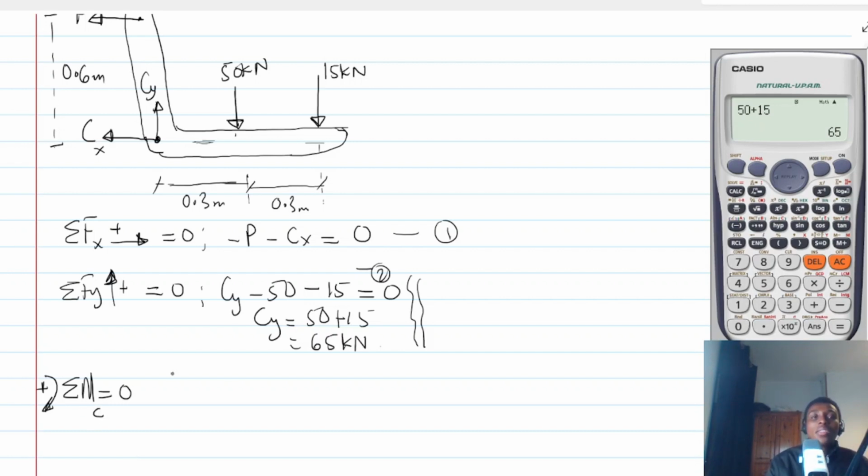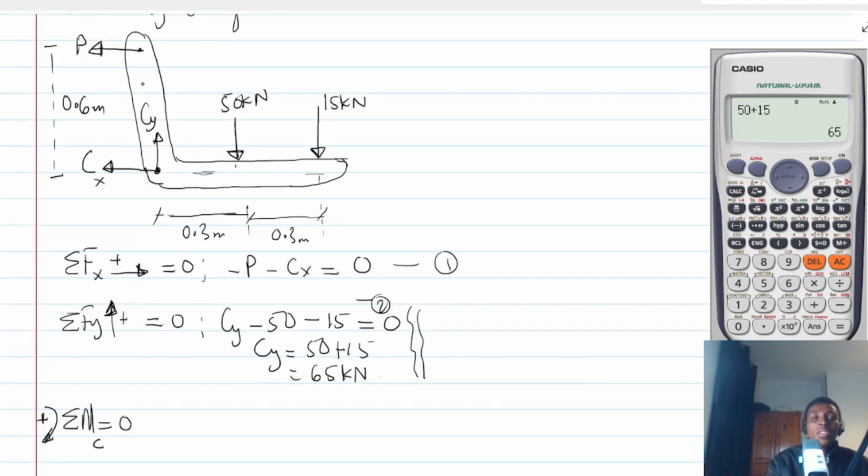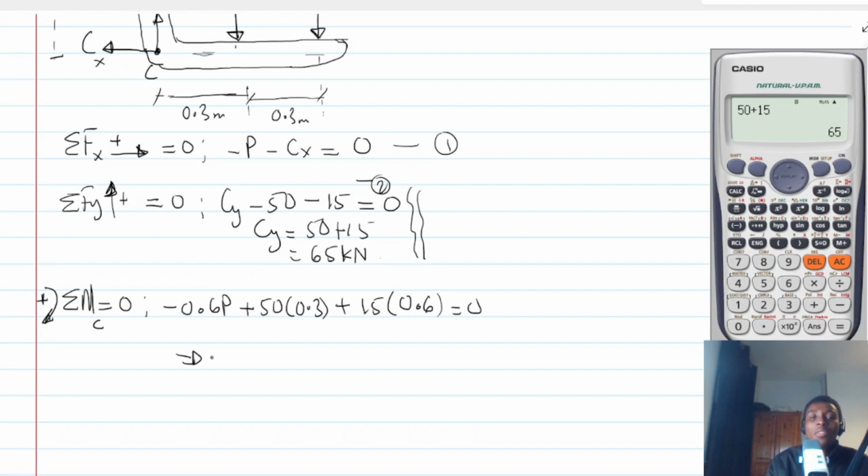We are going to take moment about C so that we can eliminate C. So from P, the moment about C is going to be counterclockwise, so minus 0.6 P, but then the 50 is going to be plus because it's going to be clockwise. 50 into 0.3 plus 15, because that one is also going to be clockwise, into 0.6, should be 0.